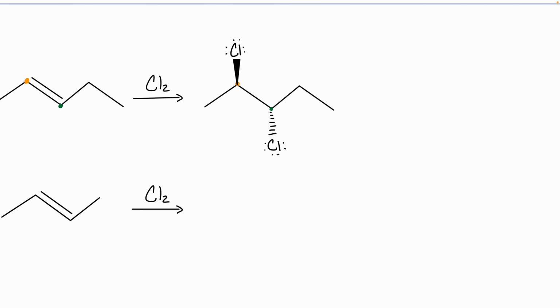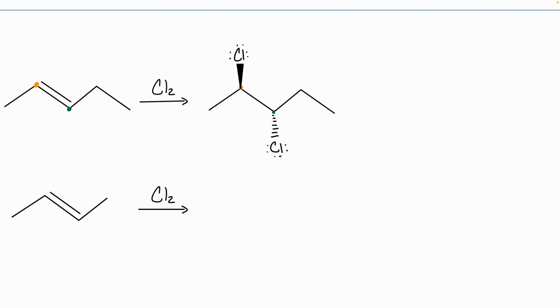All right, but now I have to be good, and I also have to include my enantiomer for this product. Everybody take a second and draw its enantiomer. We're going to flip our dashes to wedges and our wedges to dashes.